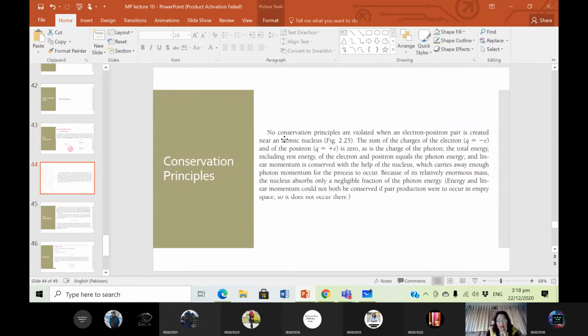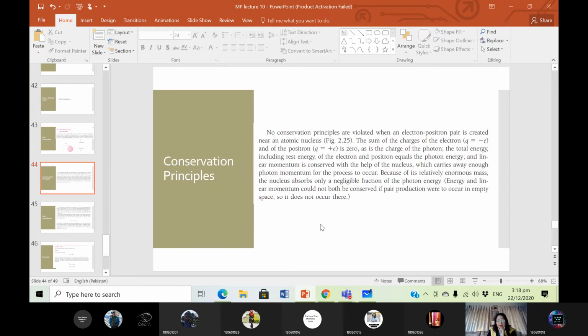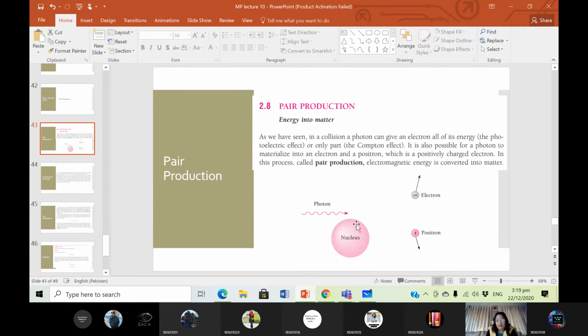So let's see now how we can understand this pair production. We have to understand it by means of conservation principles. What they're saying here is that no conservation principles are violated. एक तो हम charge को देखेंगे. We know that the photon is chargeless. So यहाँ पे electron होगा and electron has minus charge and positron has positive charge.